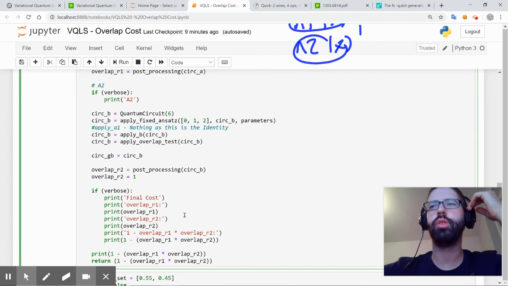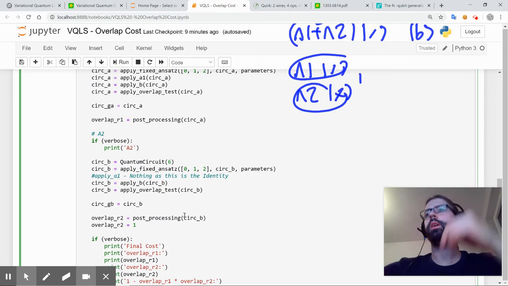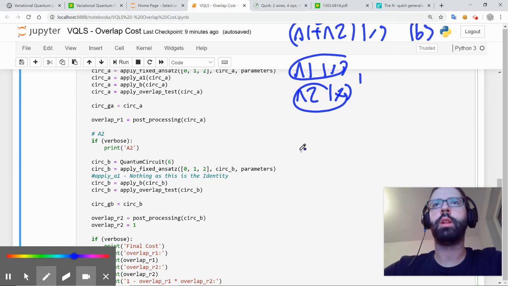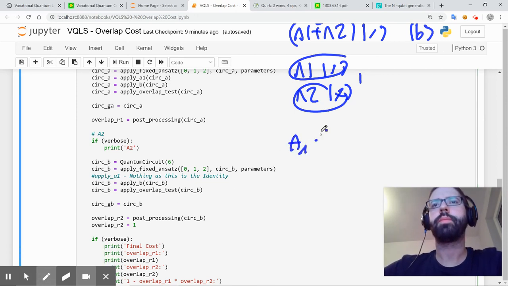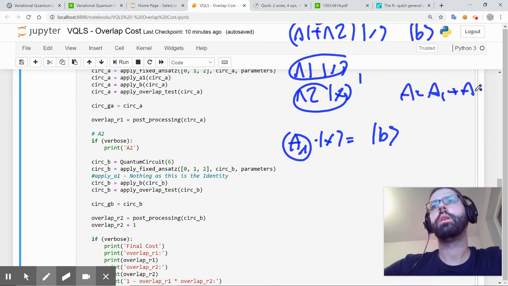Intuitively, it feels like it shouldn't work because I'm calculating the overlap. What I'm doing is I'm calculating the overlap of these. And this is just one of the components of the final A, right? So how would you calculate the overlap?